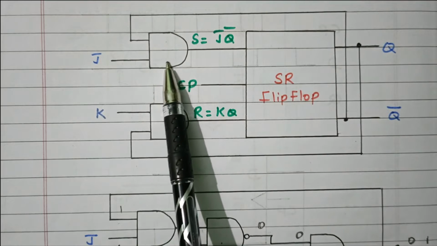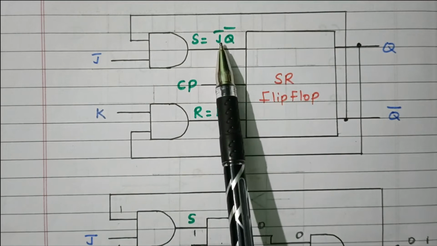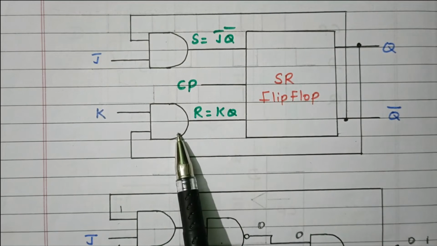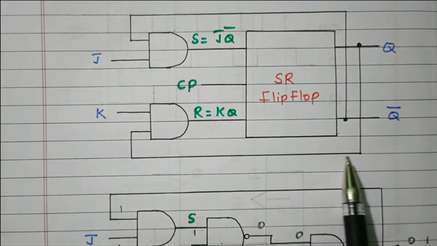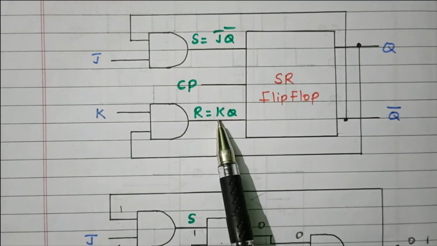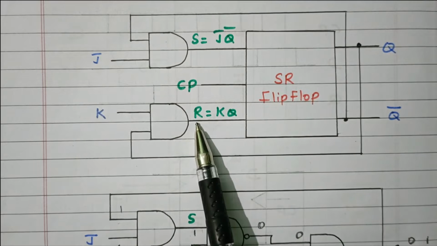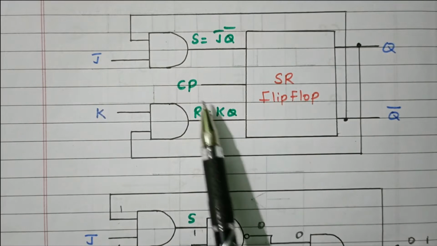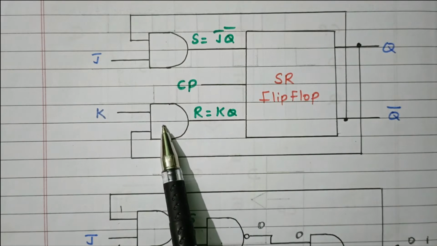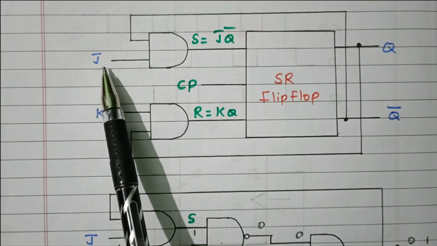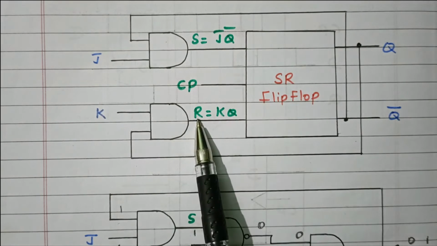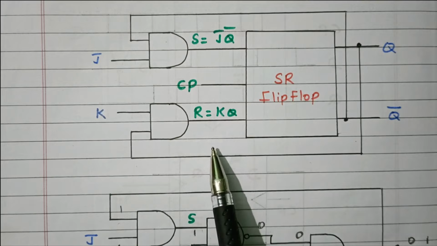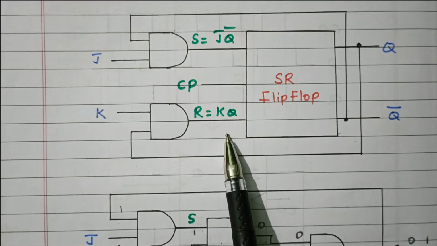The output of this AND gate is the S input, J into Q bar. One more AND gate, the inputs are K and Q, right? K into Q is the R input, right? The SR flip-flop is connected with two more AND gates. The S input is J multiplied by Q bar. The R input is K into Q. So the SR flip-flop is converted into a JK.